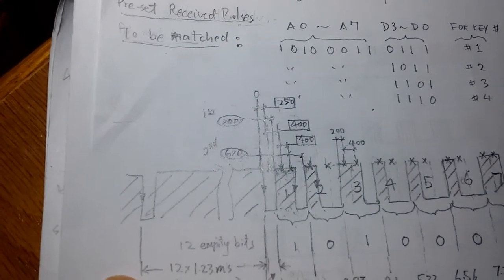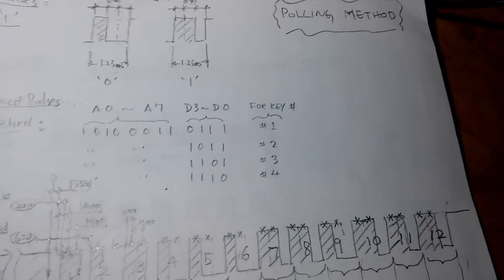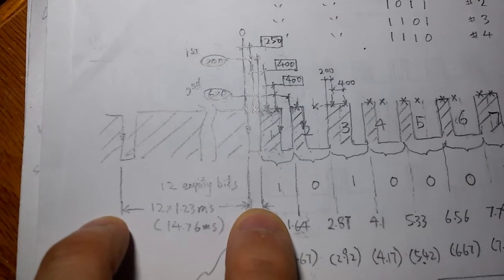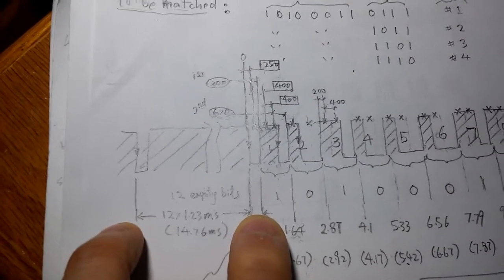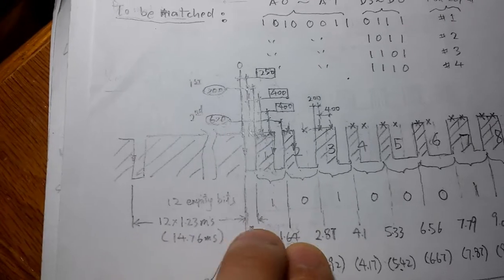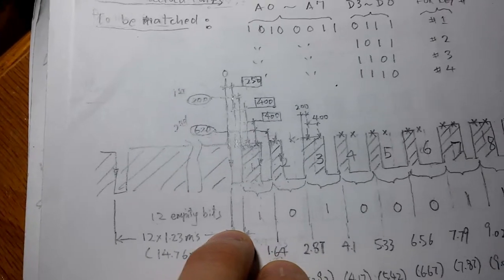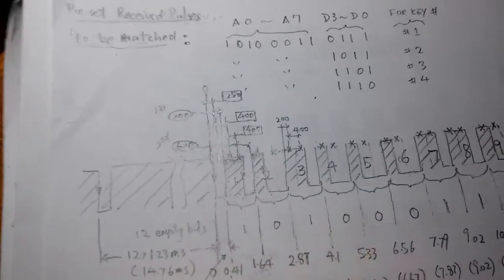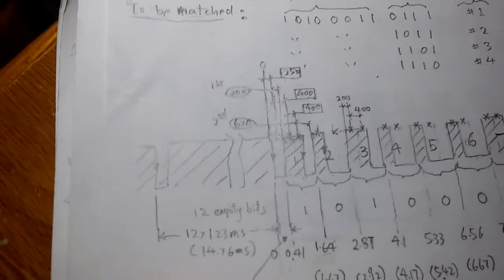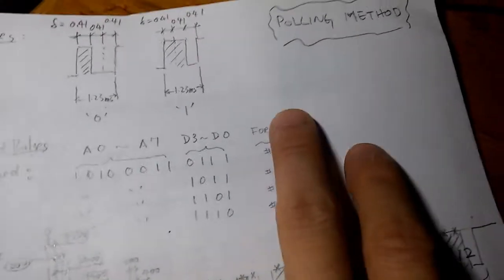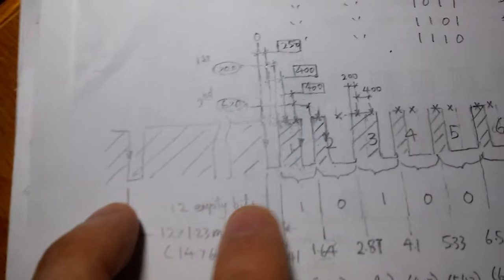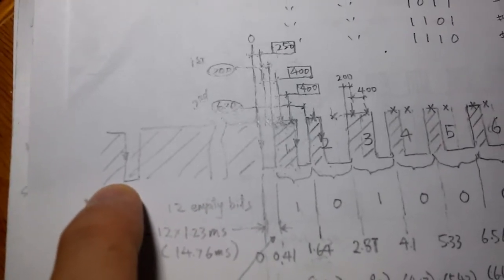So in the polling method program, I need to identify these pilot bits first, and then I can start getting the address and data bits. And in my polling method, I also use the interrupt function and the timing.